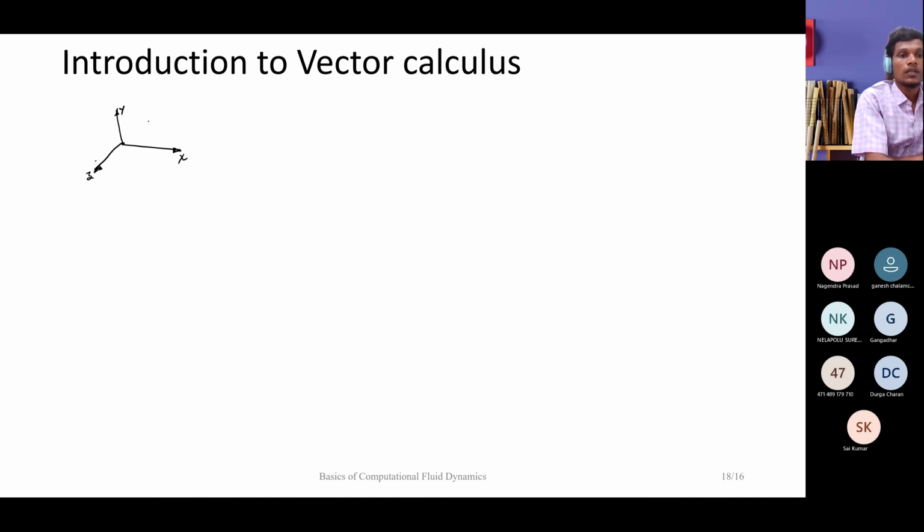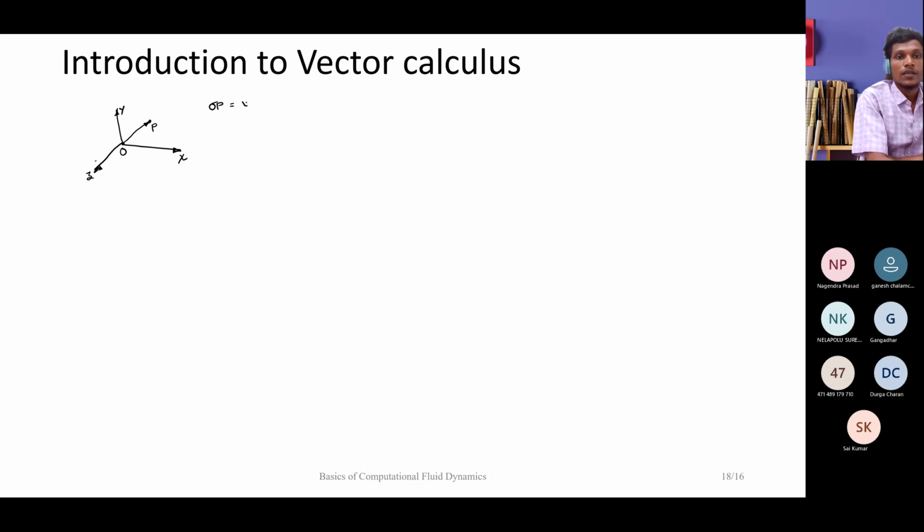If I want to indicate a position vector in space, suppose a particle is here in the x, y, z dimensions, I will draw a line from the origin to my point P in the space, and I will indicate this as the vector OP.